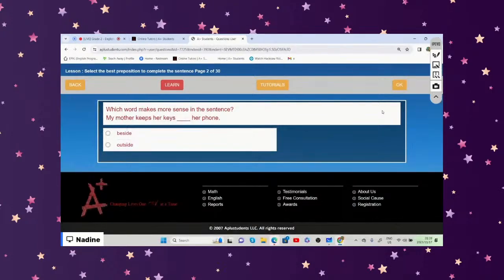Where does the mother keep her keys? Is it beside her phone or outside her phone? So my mother keeps her keys. Do we say beside her phone or outside her phone?